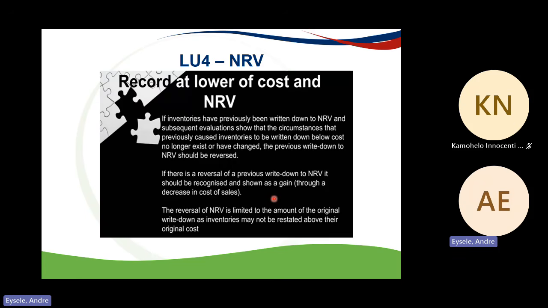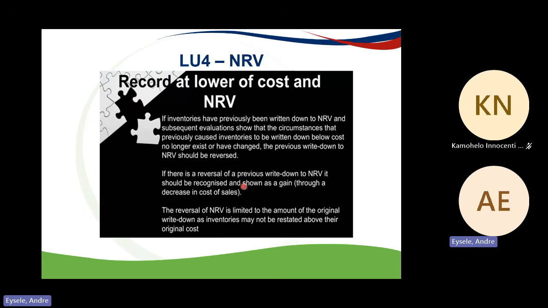If inventories have previously been written down to NRV and subsequent evaluations show that the circumstances that previously caused inventories to be written down below cost no longer exist or have changed, the previous write down to NRV should be reversed. So if you establish again, per the entity specific, that the NRV is now higher than cost, that adjustment should be reversed.